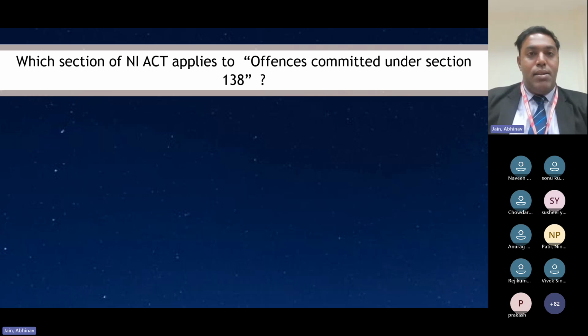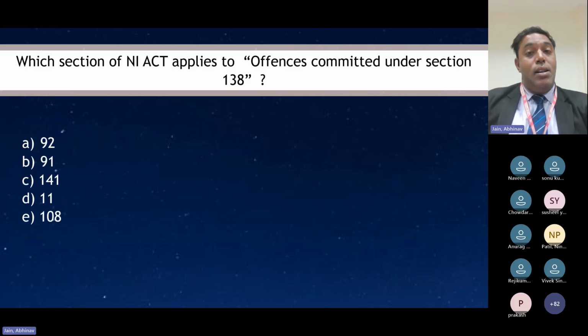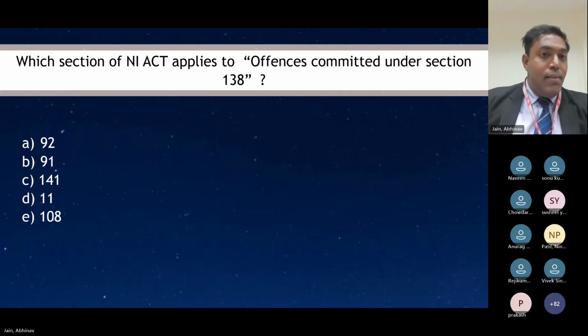Again, which section of NI Act applies to offenses committed under Section 138? Here two points are to be remembered. Offenses are defined in Section 138 of NI Act. And which section applies to offenses committed under Section 138? Like which section defines punishment for the offenses?